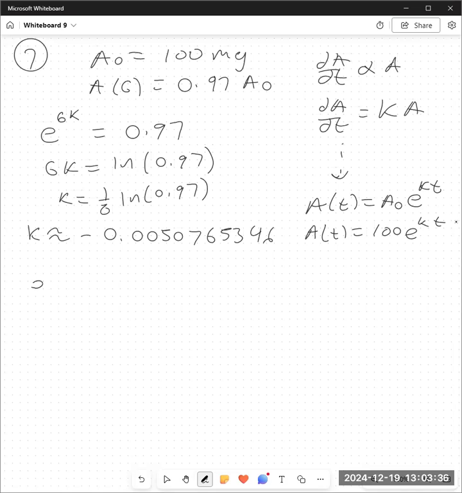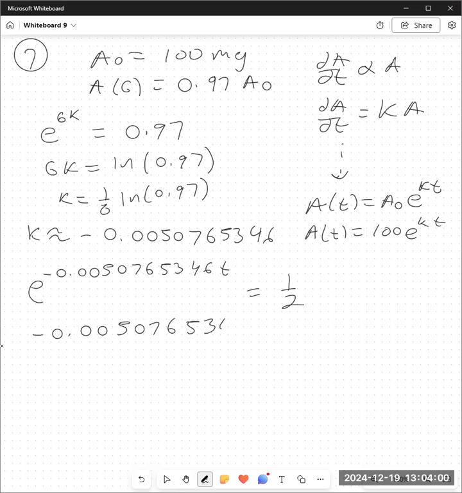To solve for the half-life, I'm going to say that e to the kt needs to be equal to 1/2. So negative 0.0050765346 t is equal to ln of 1/2.